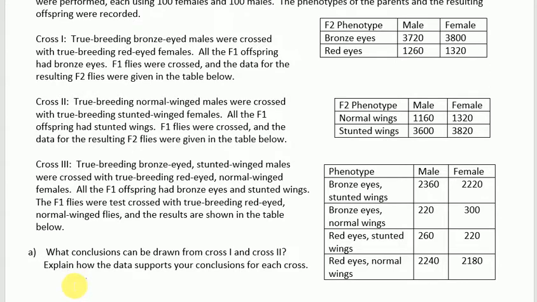So down here, cross 1, we're going to say bronze is dominant because all F1 offspring had bronze eyes.